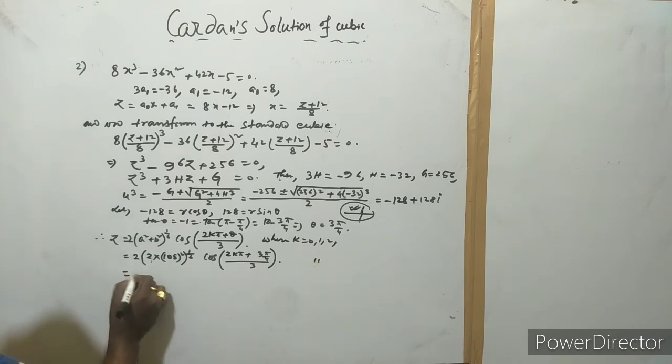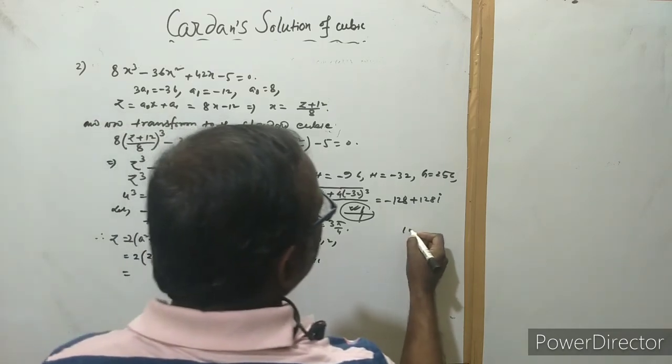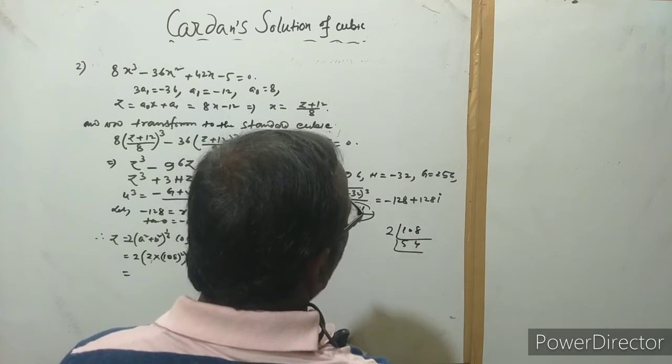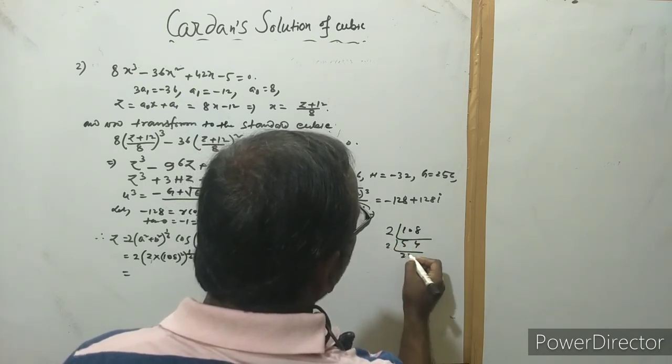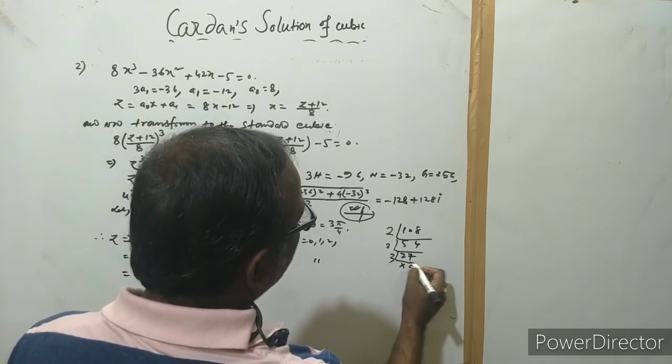Okay, and we have to find the 128. If we factorize this, we want to find the 6th root.